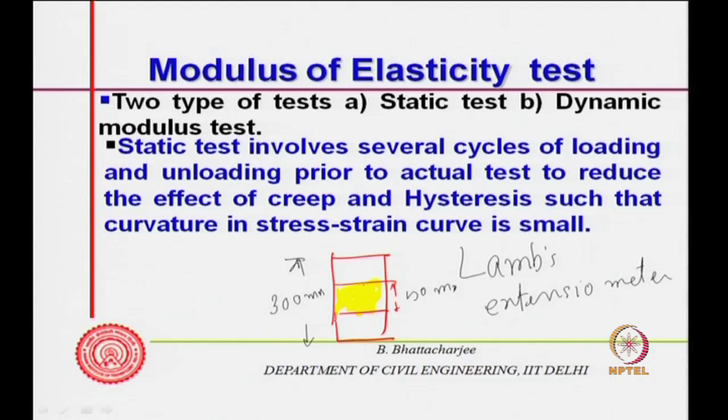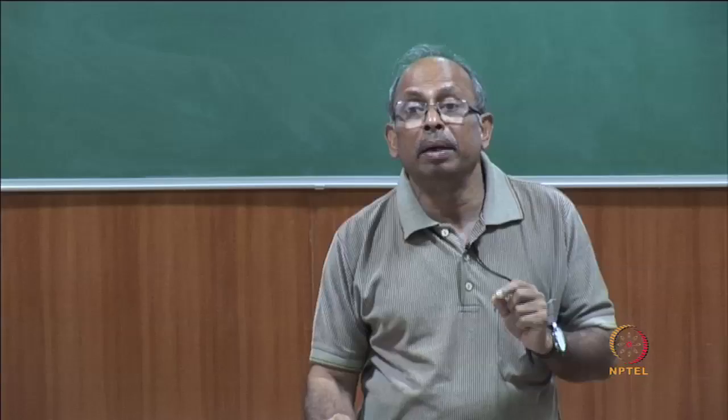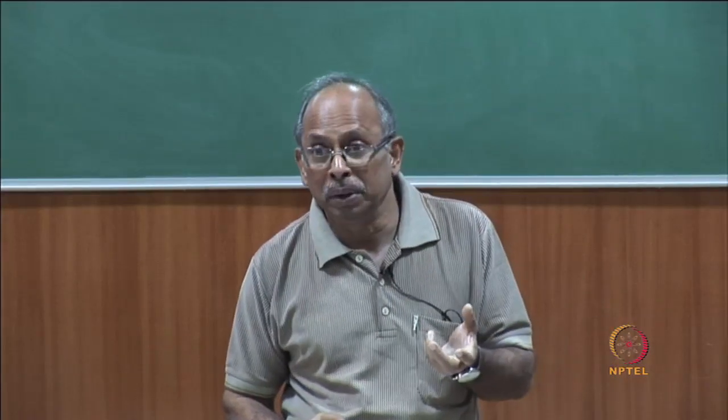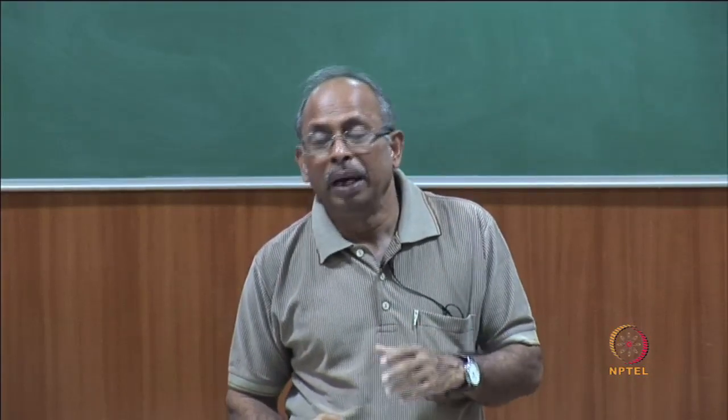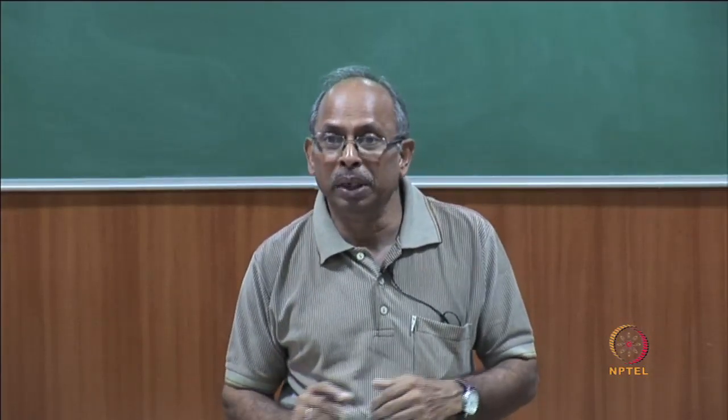You put the gauge here, but the deformation is relatively small. So, how do you measure this deformation? It has to be amplified in some manner. It was amplified optically in those earlier days.